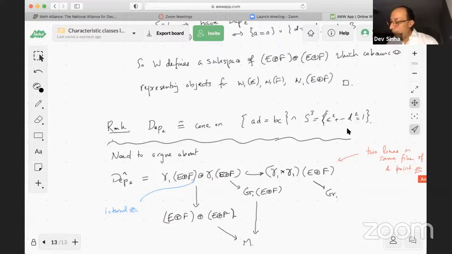And here is just going to be the space of 2 lines alone. And I'm just going to call that GR1 cross GR1.